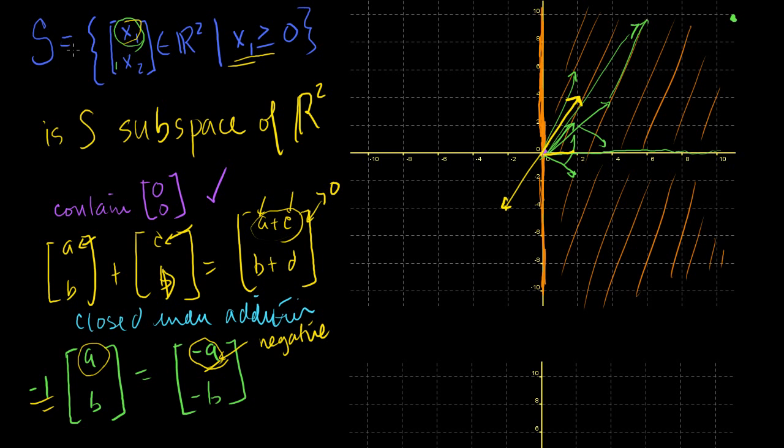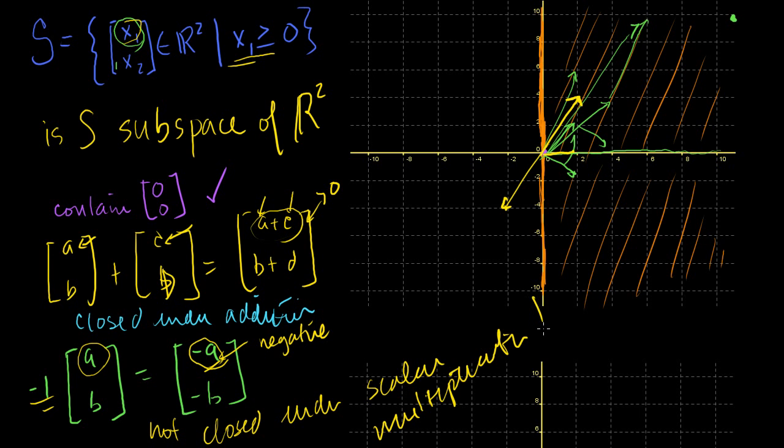So this subset of R2 is not a subspace because it's not closed under scalar multiplication.